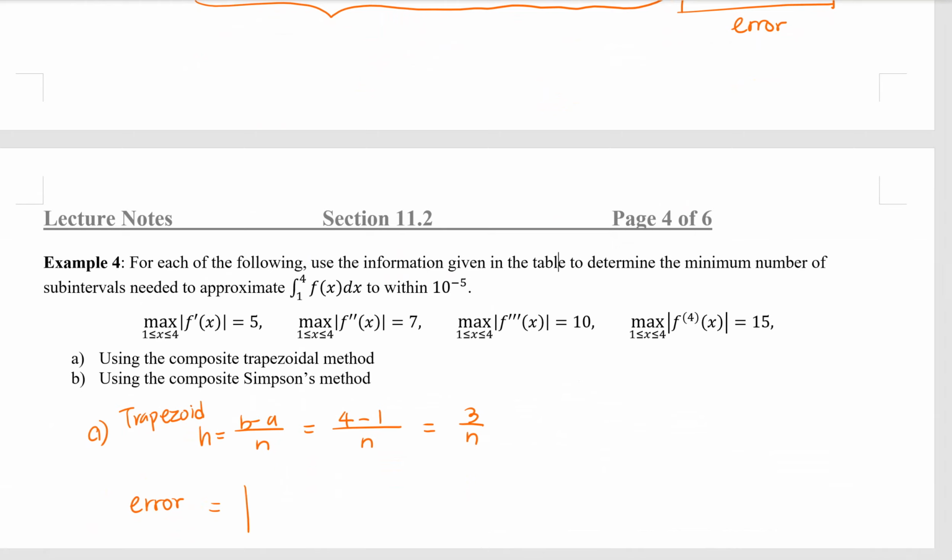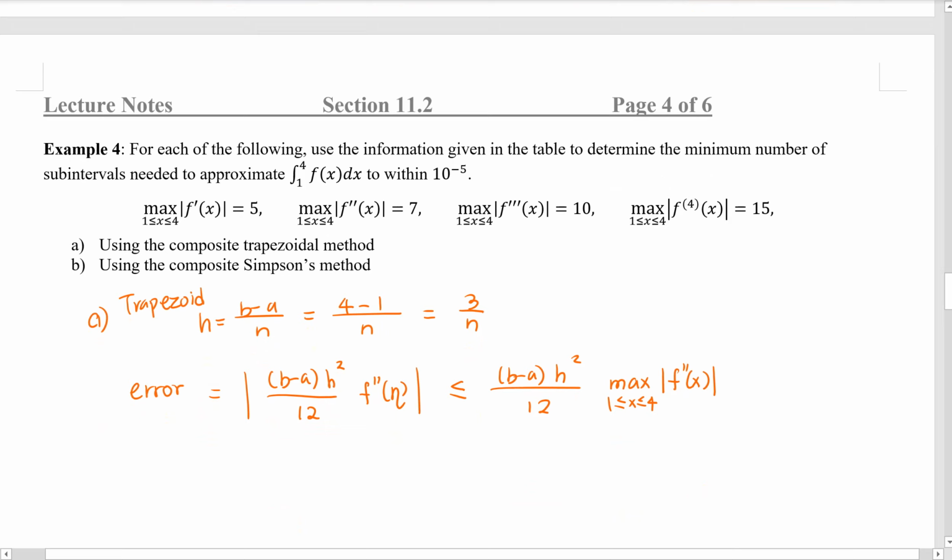So this is the absolute value of (b minus a) h squared over 12 times f double prime of eta, where eta is a number between 1 and 4. This will be less than or equal to, because b is bigger than a and h is positive, so all of these are positive, the maximum of f double prime of x, where x is between 1 and 4.